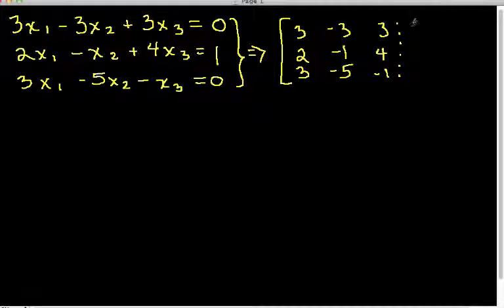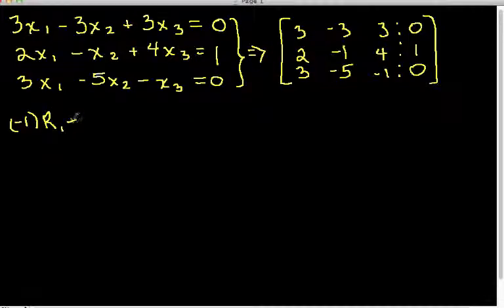Now over here I have 0, 1, 0. And I can use the method of Gaussian elimination to solve this. It's exactly the same process we've seen in our past two examples, because the numbers here aren't changing. It's only the numbers on the right-hand side that change. So the row operations are going to be exactly the same ones we have been using. A little boring perhaps, but it illustrates the point.